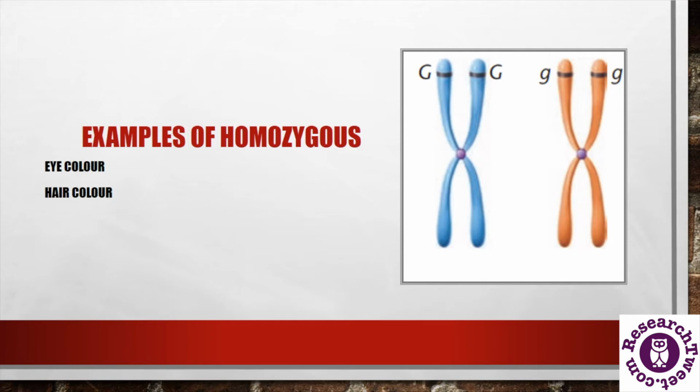Here the allele is denoted by capital G in both chromosomes, which indicates its dominant character. And in the other image, we observe the same alleles denoted by small g, which indicates the recessive nature of these alleles. So with the help of this image, we can conclude that homozygous is a condition where the offspring has the same allele from both parents.